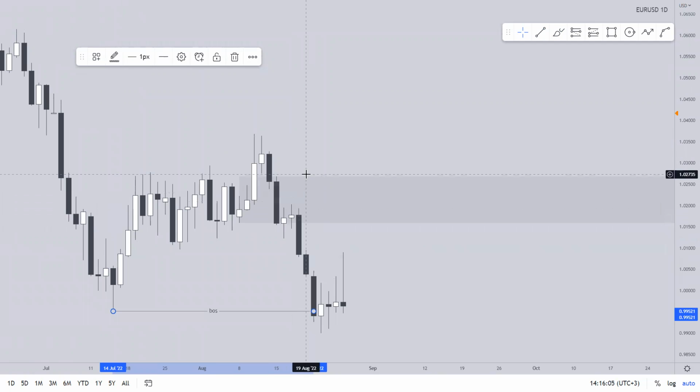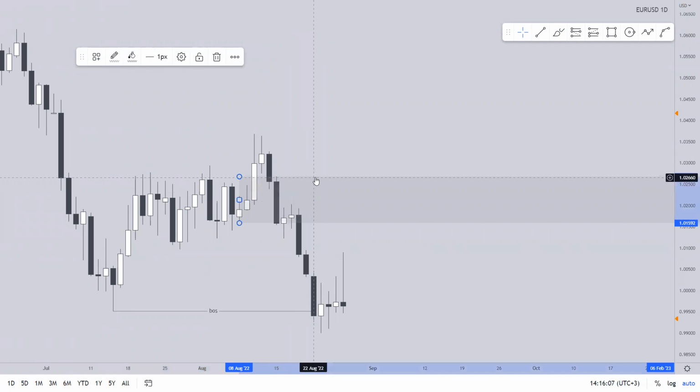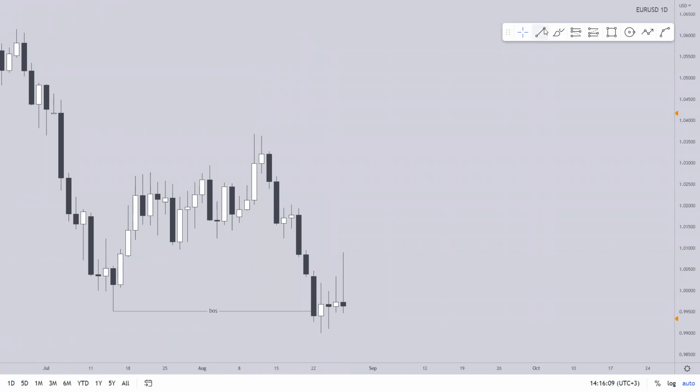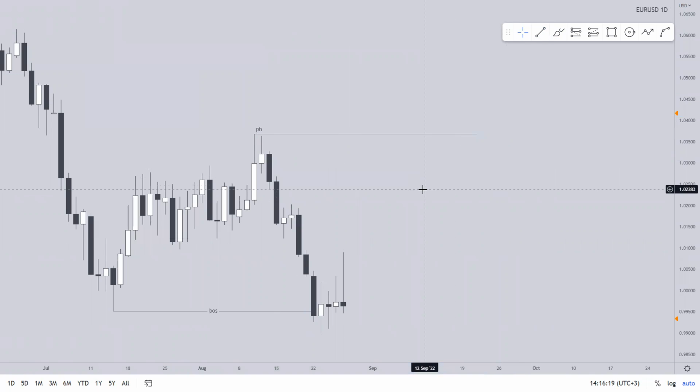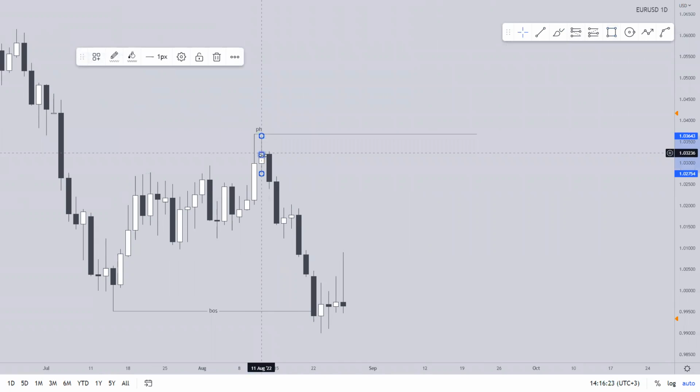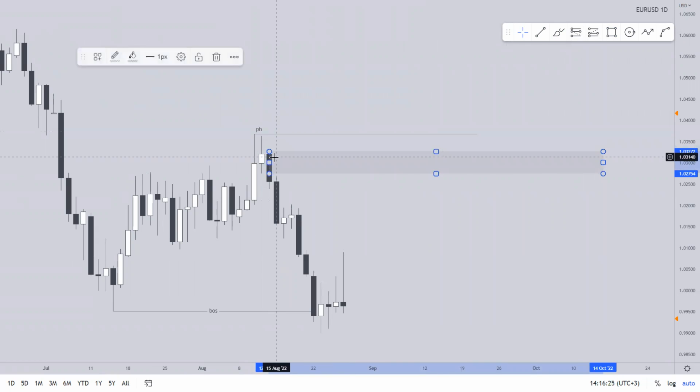So now we are inside this new bearish range, this one. So this will be our protected high, actually this one. And this is the last supply zone to look for mitigation, this one.